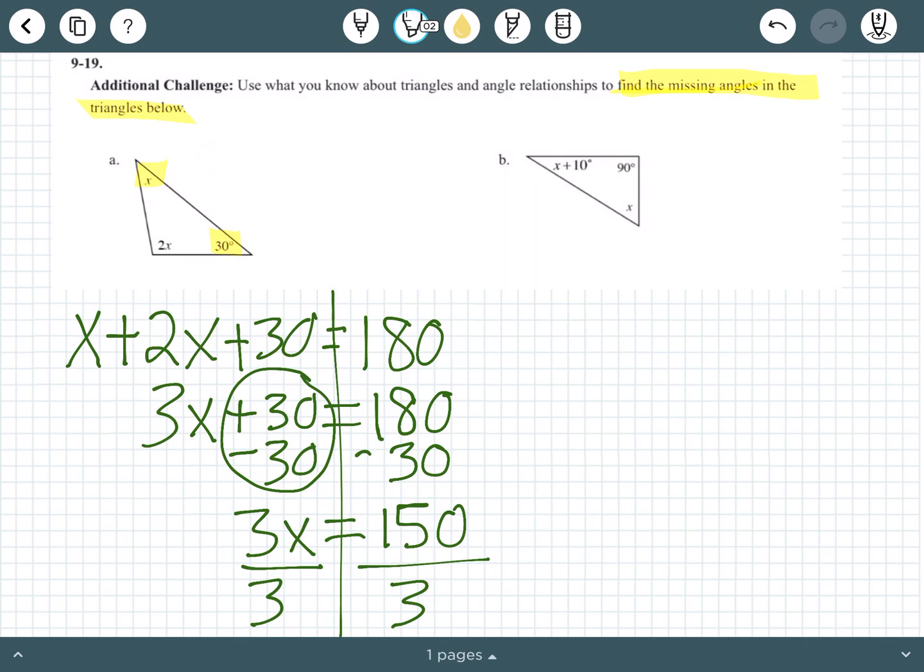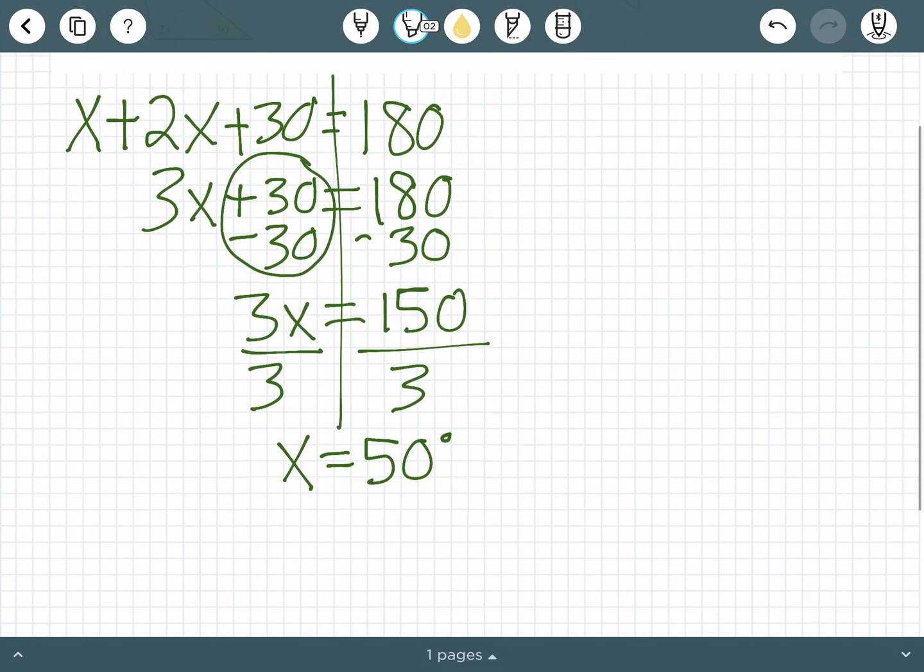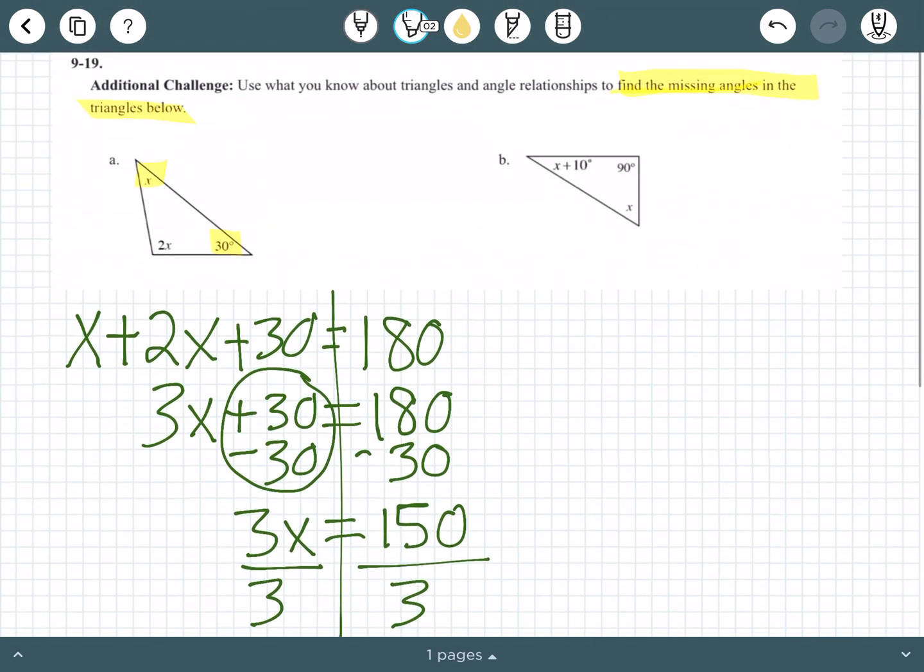We did solve for x, and that angle is x, so this top angle would be 50 degrees. And then this last angle in the bottom left corner is 2x. Well, what is 2 times x? X was 50, and 2 times 50 is 100 degrees.